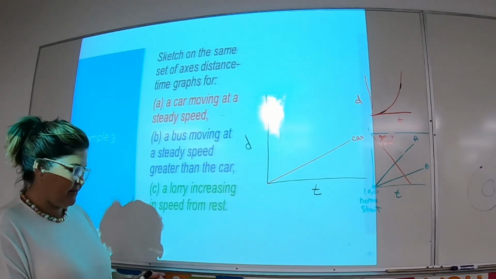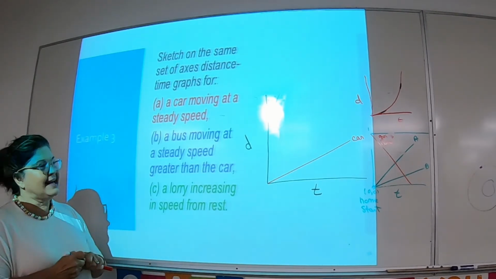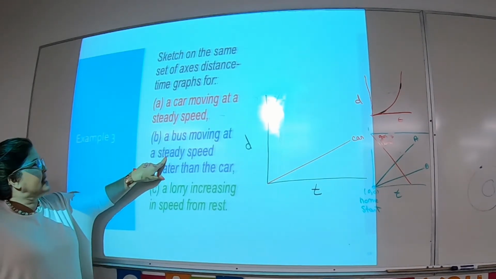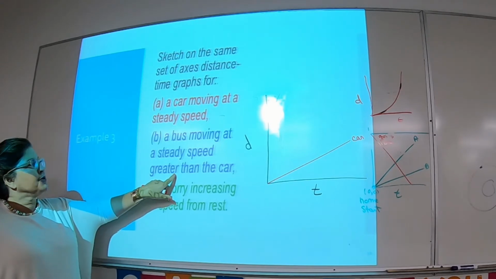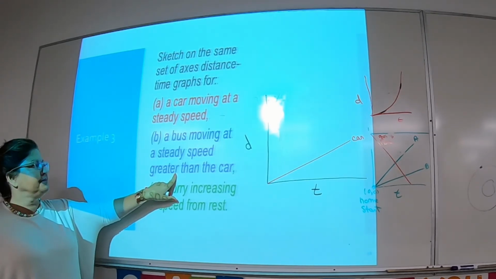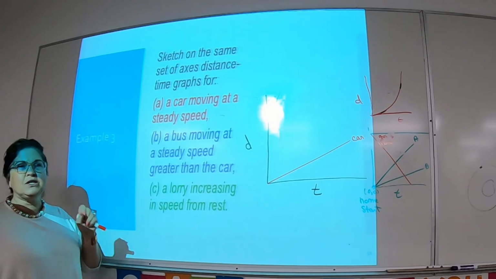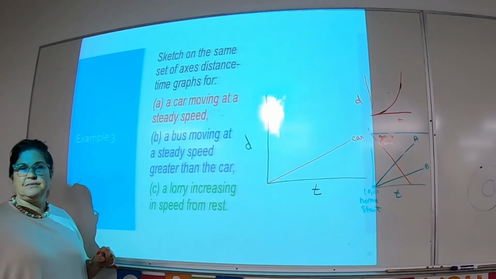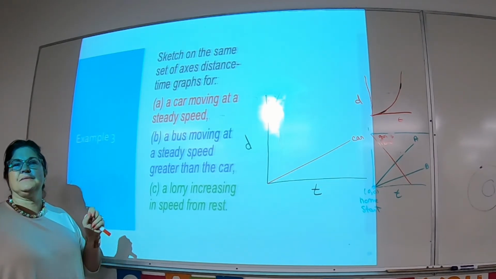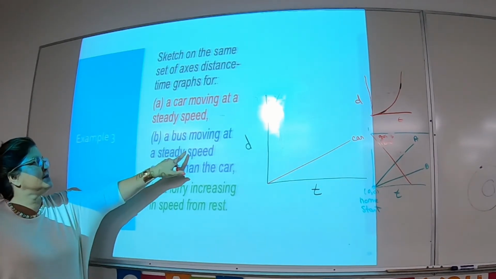Then we have blue, which will be my black. A bus moving at a steady speed greater than the car. What do I have to do? Is it going to be a straight line segment? Yes, because it's a steady speed.